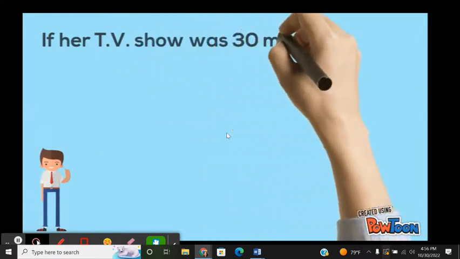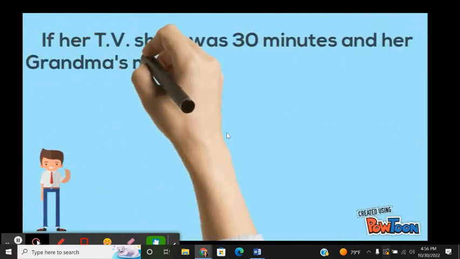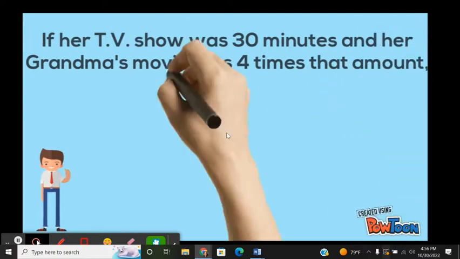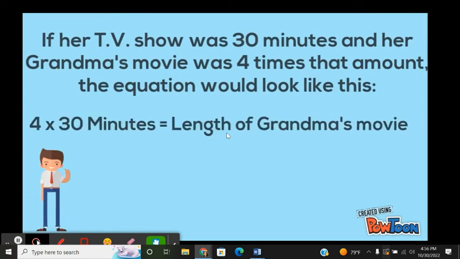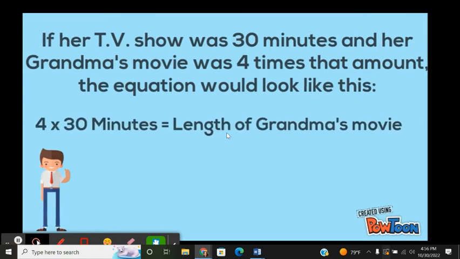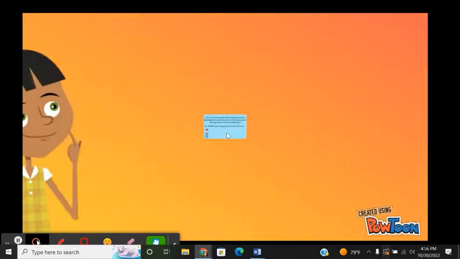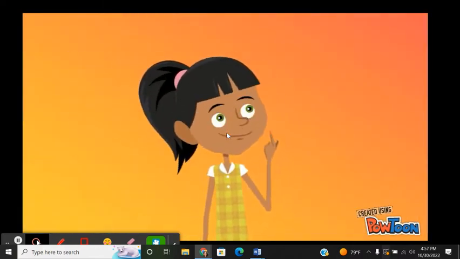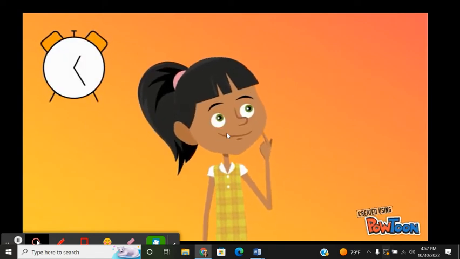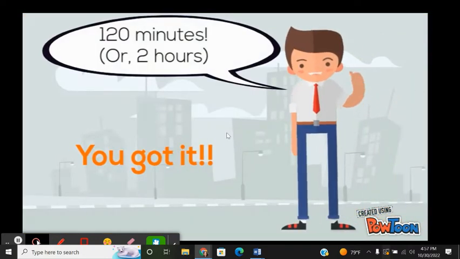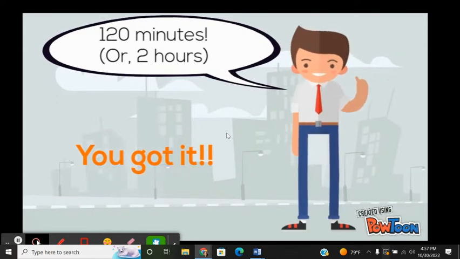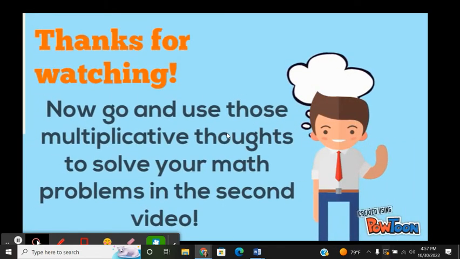If her TV show was 30 minutes and her grandma's movie was 4 times that amount, the equation would look like this. 4 times 30 minutes equals the length of Grandma's movie. Now's your chance to pause and ponder. You got it! 120 minutes or 2 hours. Thanks for watching. Now go and use those multiplicative thoughts and solve your math problems in the second video.